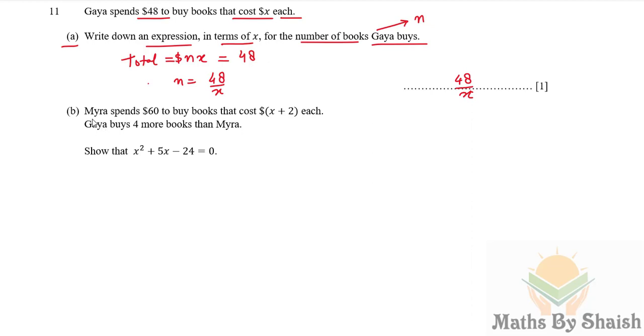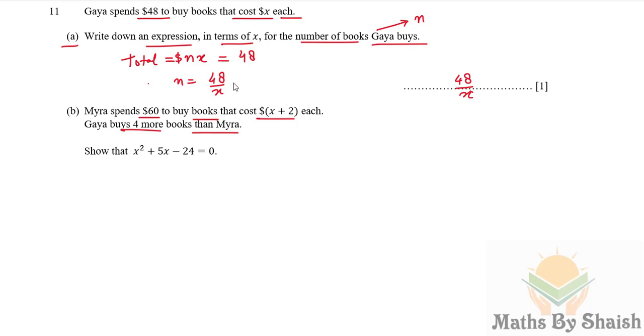Part B is: Myra spends $60 to buy books that cost X plus $2 each, and this is another piece of information: Gaya buys 4 more books than Myra. We can see that each book costs more in the Myra case, so of course Gaya will buy more books. So we are going to talk about the number of books in both cases.